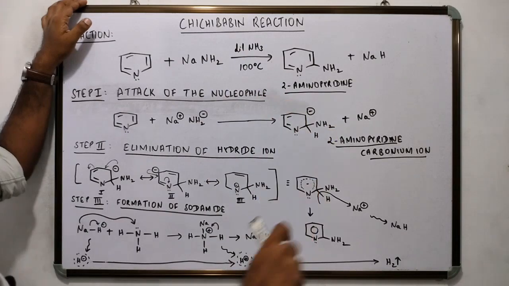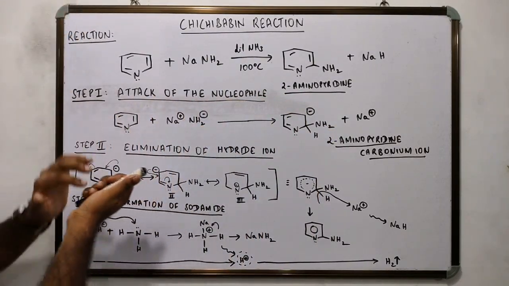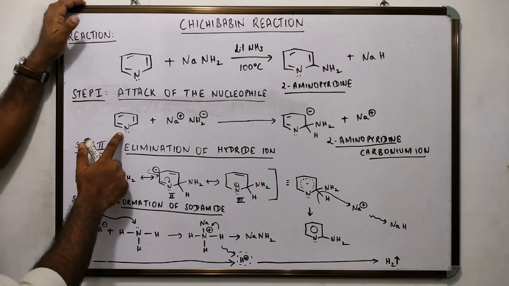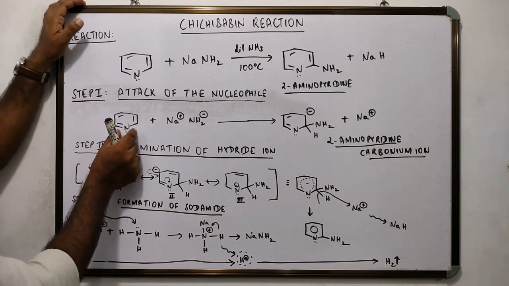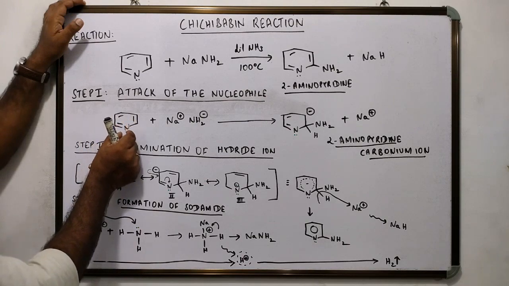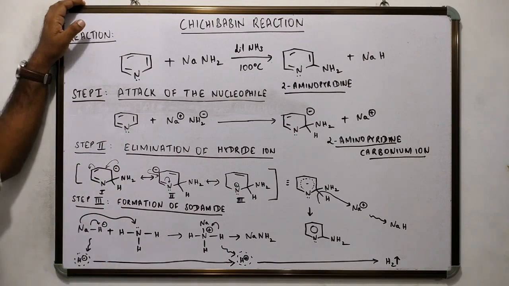Mechanism: nucleophilic aromatic substitution, in 3 steps. Step number 1. Attack of the nucleophile. The nitrogen atom of the pyridine ring is electronegative. Being electronegative, it pulls an electron pair of the pyridine towards itself. This causes a great electron scarcity in the pyridine ring.